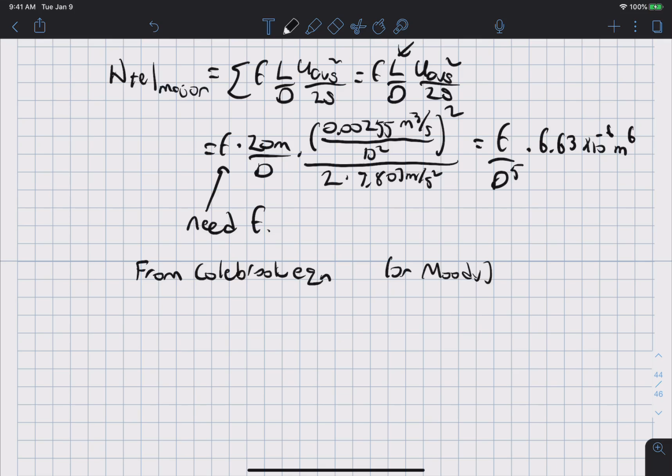We can simply solve 1 over square root of f equals minus 2 log base 10 of the relative roughness epsilon over D divided by 3.7, plus 2.51 over the Reynolds number based on diameter times square root of f. We know Re_D in terms of the diameter, so now we need to find the relative roughness.